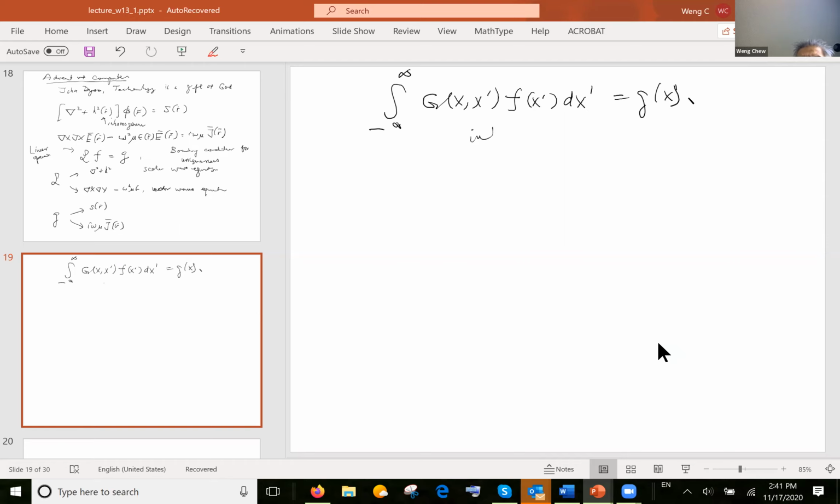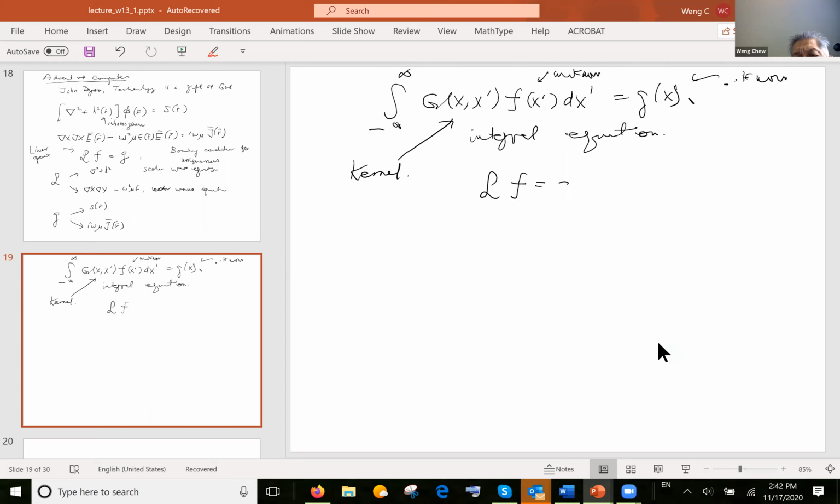Okay, this is an integral equation. This is usually called the kernel in integral equation, kernel. This is unknown. This is known, the driving source. Again, it is of the form LF equal to G.